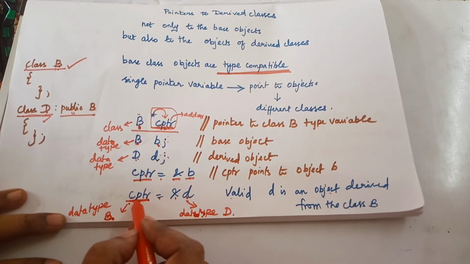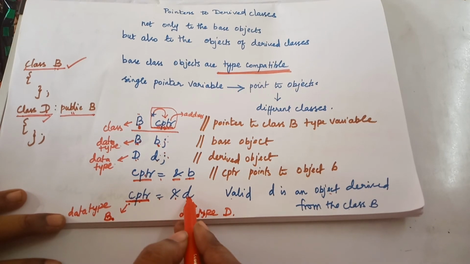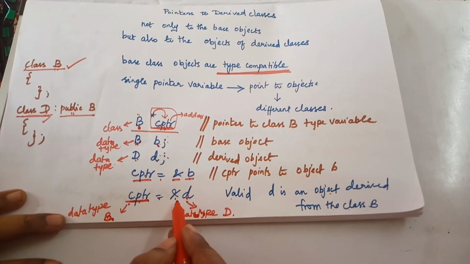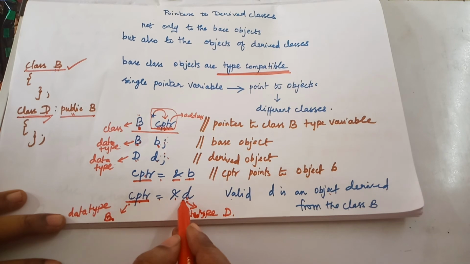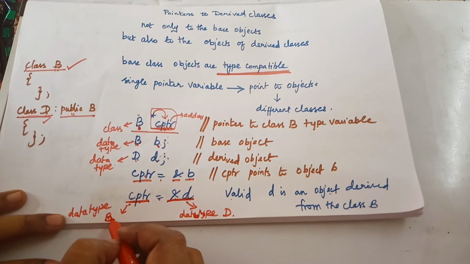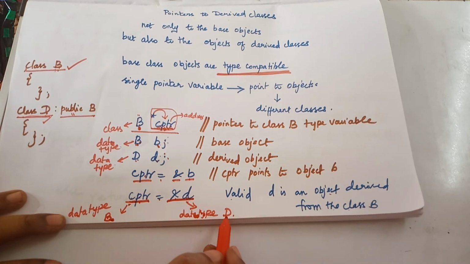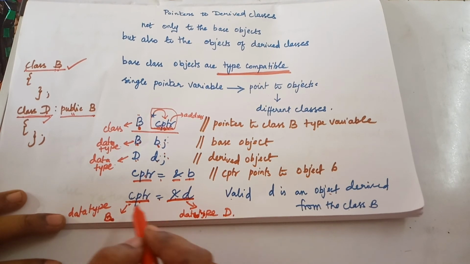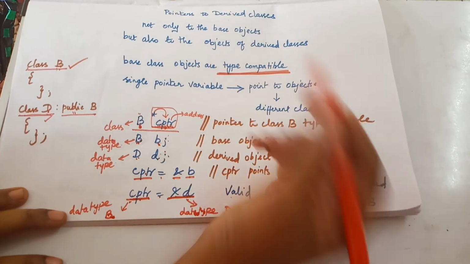But in this base class pointer, I am storing the address of the derived class object. So this data type is B, but the address belongs to the data type D. This is also possible. This is called type compatible.